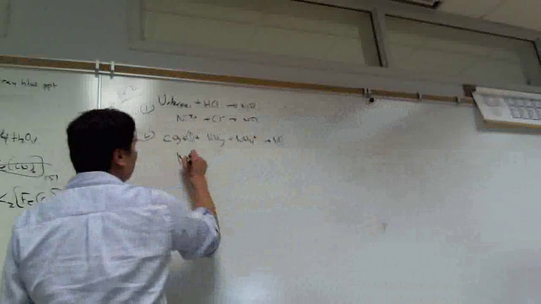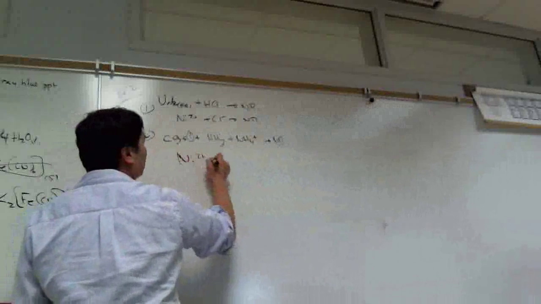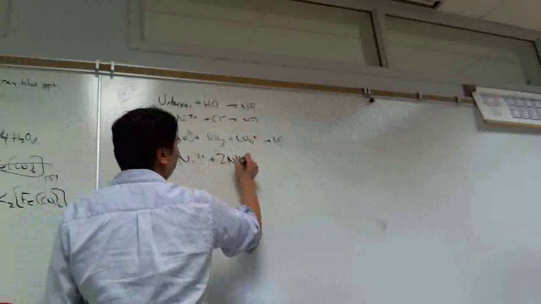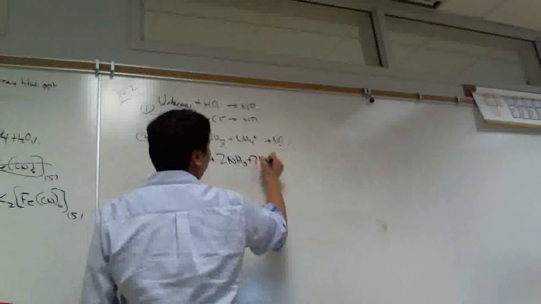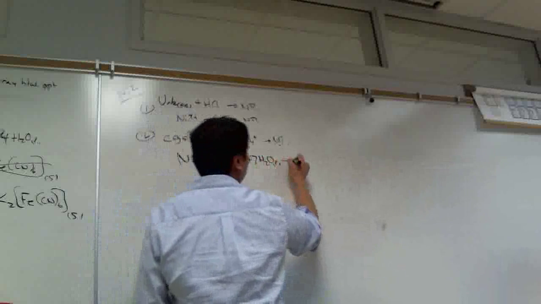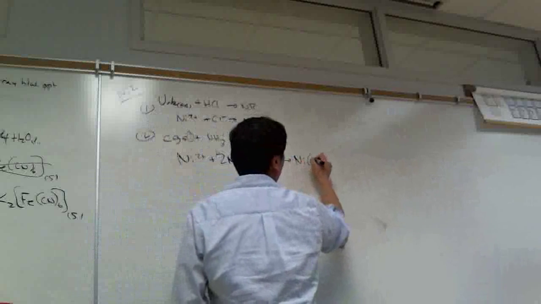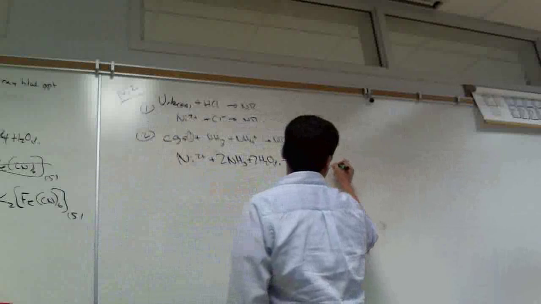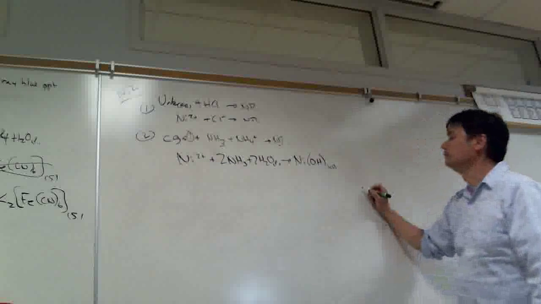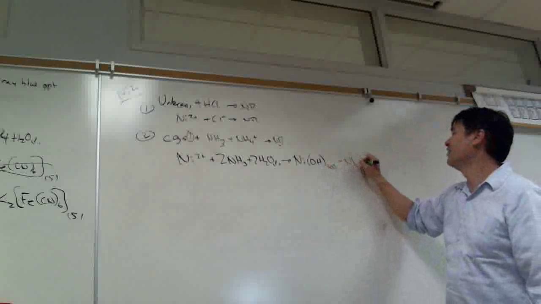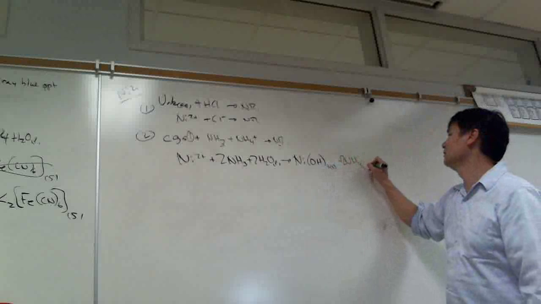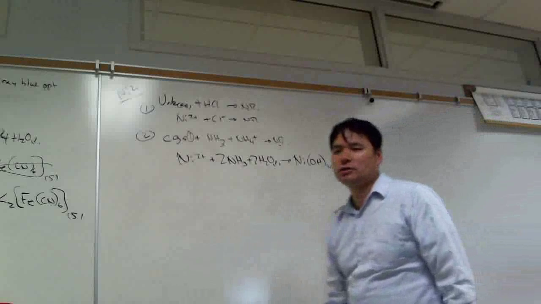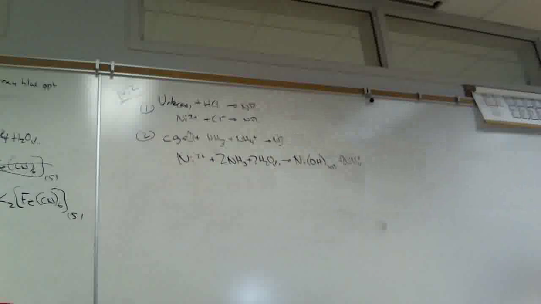And so nickel should precipitate with ammonia, but it doesn't. We expect to form nickel 2 hydroxide. Nickel 2 hydroxide is an insoluble solid, should precipitate out. Well, what's preventing it from precipitating out?